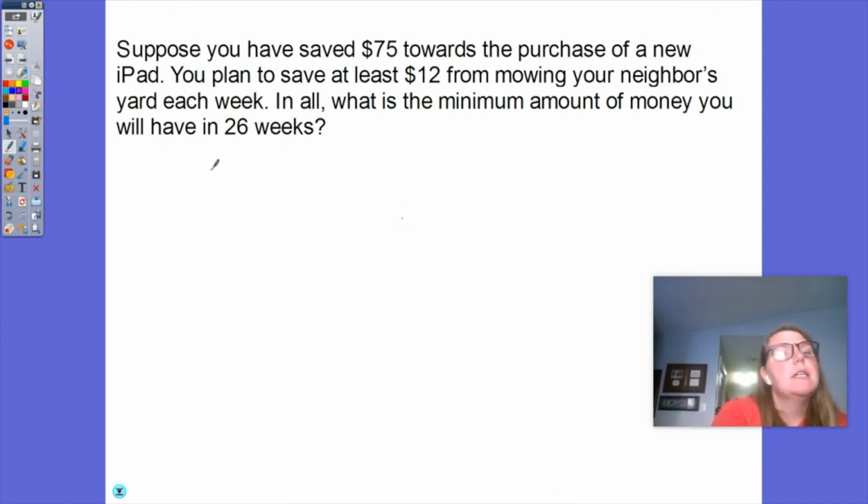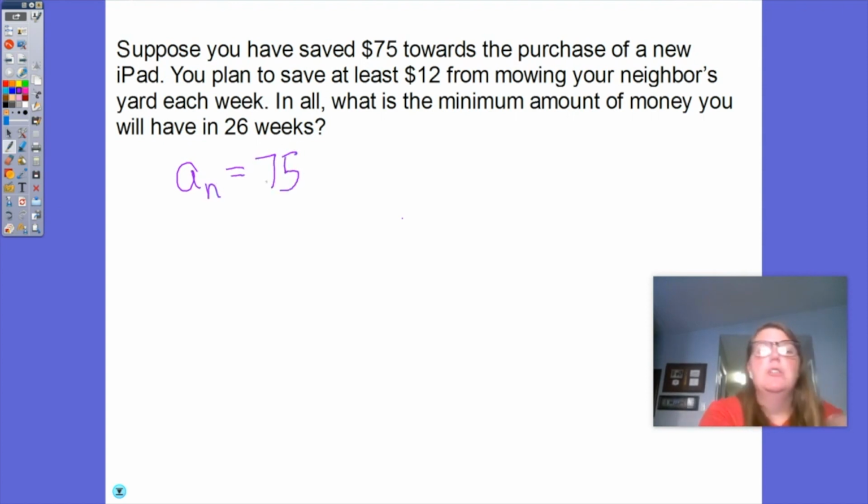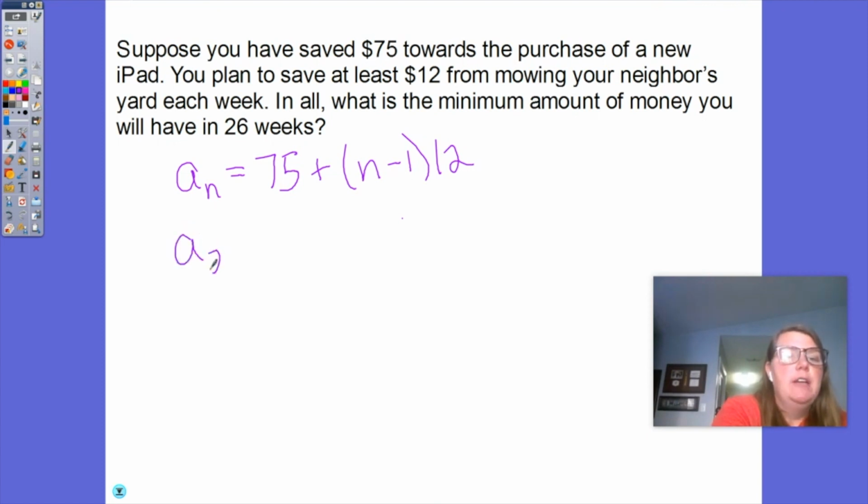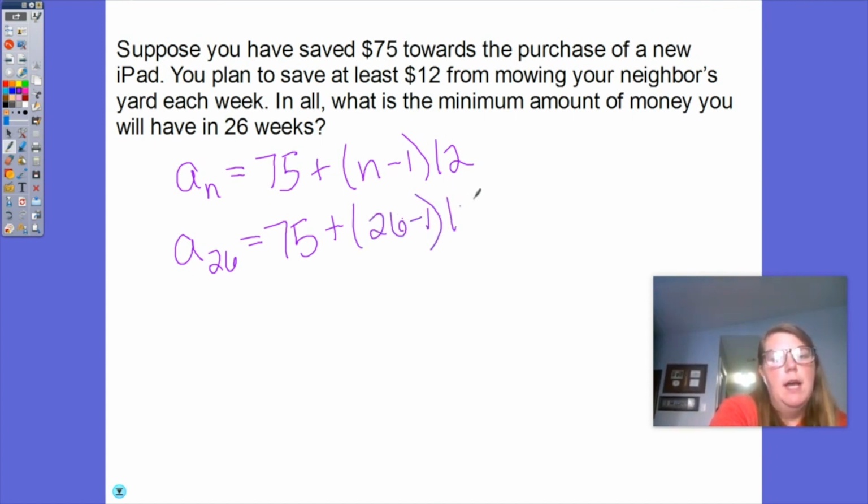So we're going to use the explicit formula here. So when we're trying to find any number, we want to use the first term, which is that original $75, plus the previous term times 12. That 12 is that difference. I'm increasing my money by $12 each week. So if we're trying to find the 26th term, we have 75 plus 26 minus 1 times that 12.